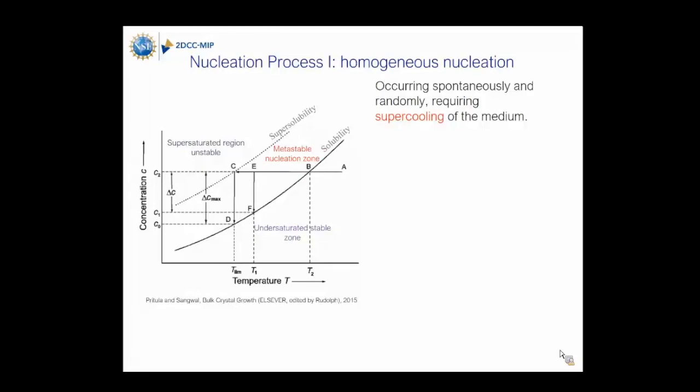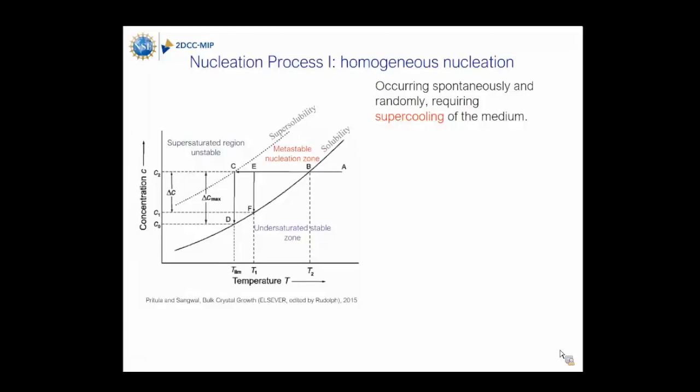If the solution is very pure and in a large container, even in the metastable nucleation zone, it doesn't nucleate. It will remain a pure solution without any nucleation, down to point C. Beyond C, as I said, nucleation will happen spontaneously.